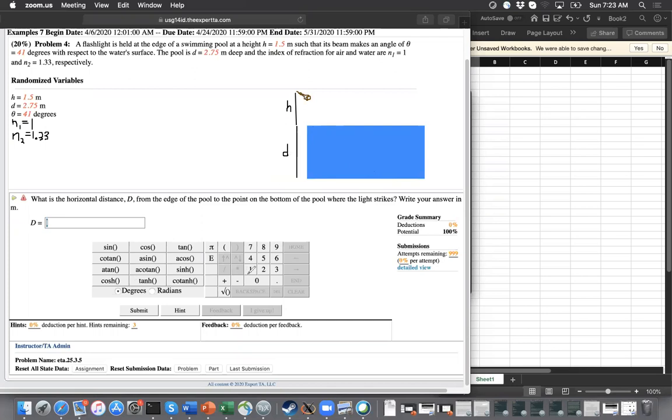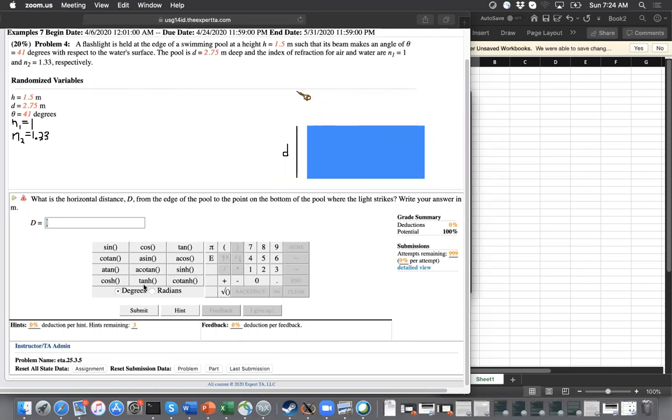But we have to sketch that properly. We know that the light from the flashlight comes down. Actually, let's do a little bit of adjustment here. We need to be a little careful about our definitions.